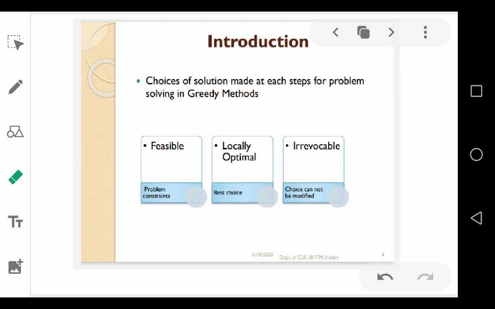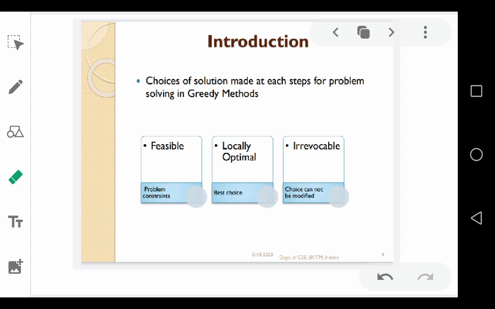Now we'll see how the choices for the solutions are made at each step while solving the problem in the greedy method. First, the choice should be feasible. It means that it should satisfy the problem constraint. Second, it should be locally optimal. It means that among all the feasible solutions, the best choice is to be made.